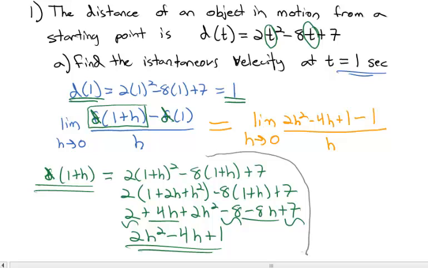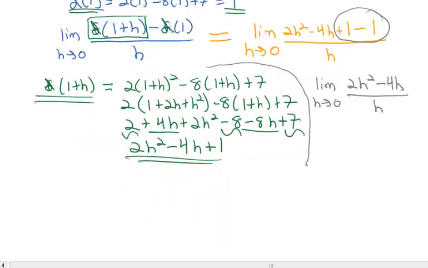Combining the like terms, 1 minus 1 is 0, so we have the limit as h goes to 0 of 2h squared minus 4h all over h. Remember, to reduce, we have to first factor out the h.